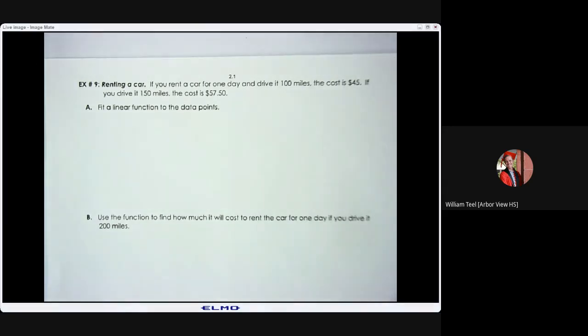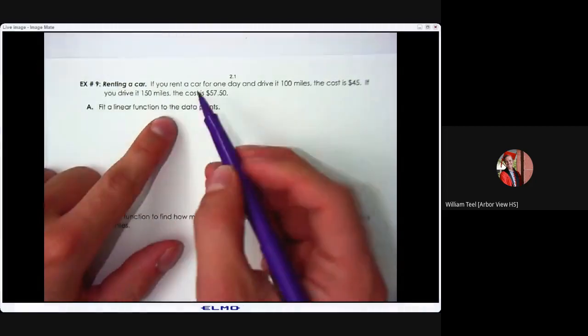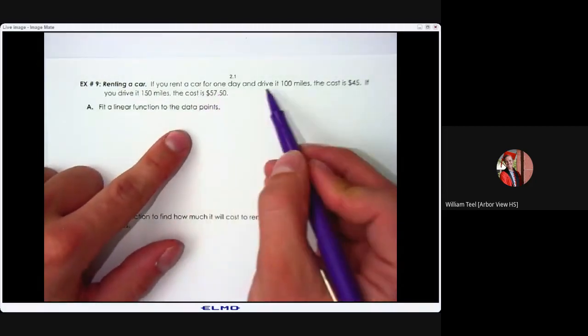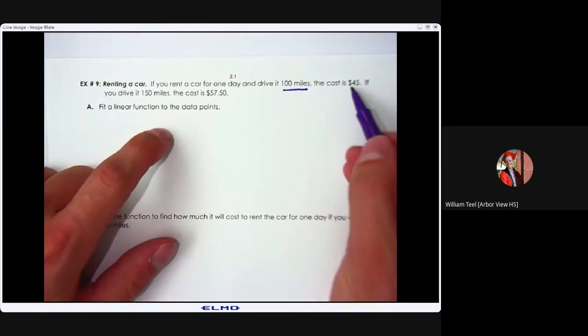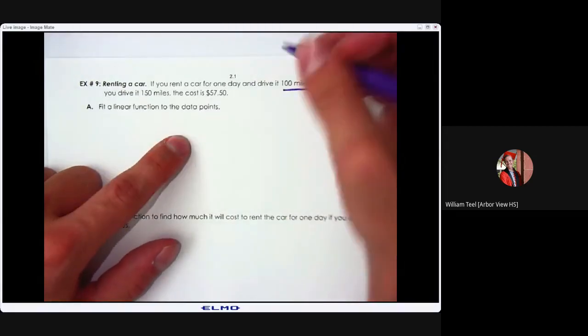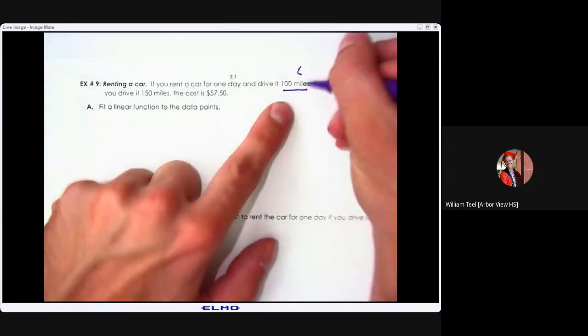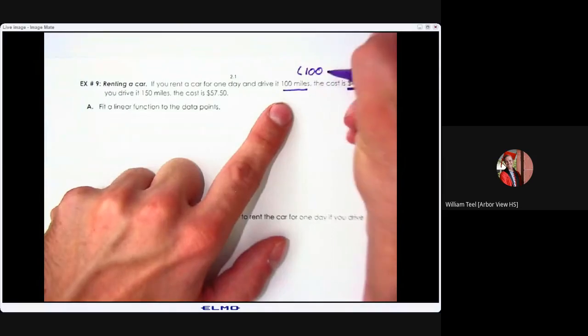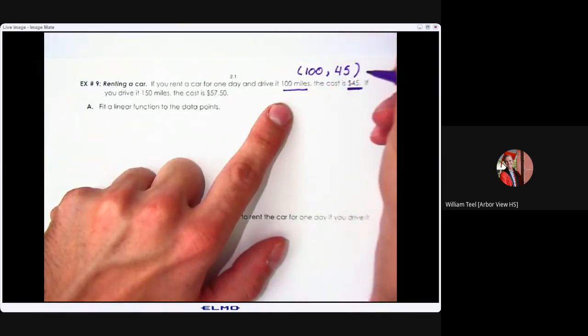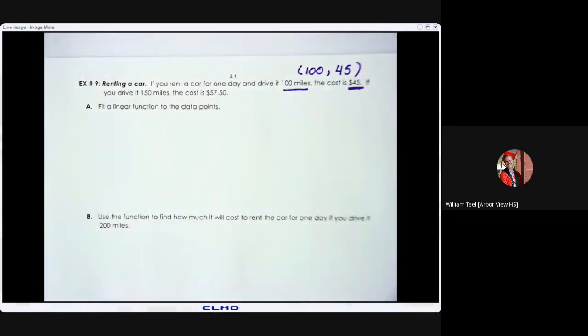Okay, so we're given 2 different coordinate points essentially from the intro to this problem. If you rent a car for 1 day and drive it 100 miles, then the cost is $45. So I have an ordered pair right here. If I drive 100 miles, that's my input, my output is going to be $45. So that's my first ordered pair. Now, I also have another ordered pair.